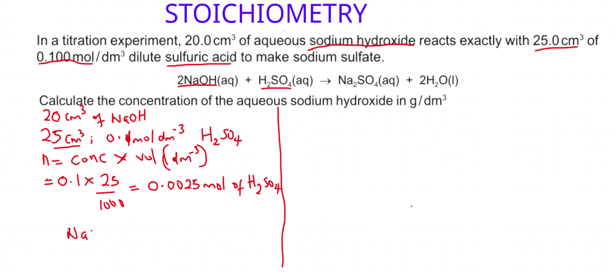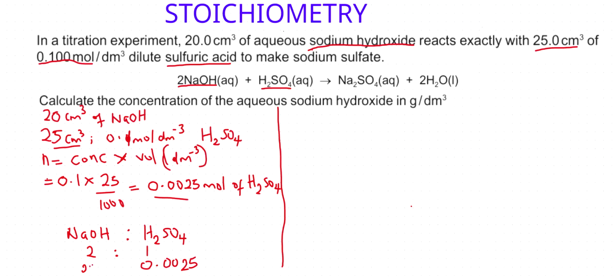The mole ratio of sodium hydroxide to sulfuric acid, according to the equation, is 2:1. But from our calculation here, we can see the number of moles of sulfuric acid that was used is 0.0025 moles. So we use that to get the number of moles of sodium hydroxide that was used.